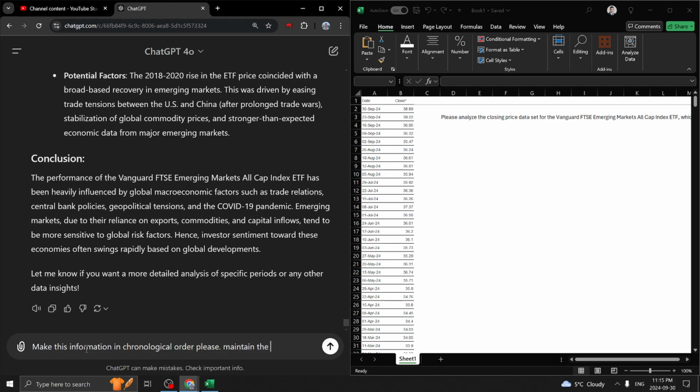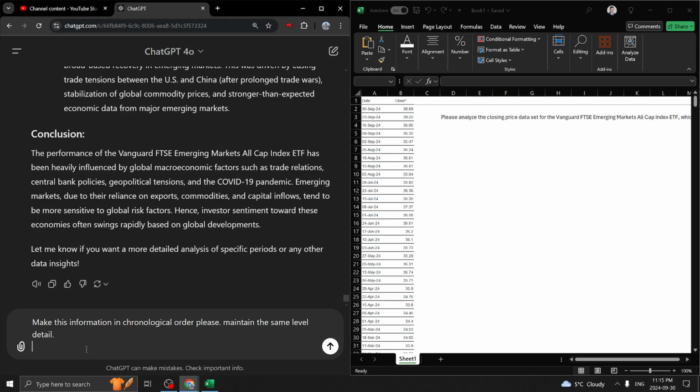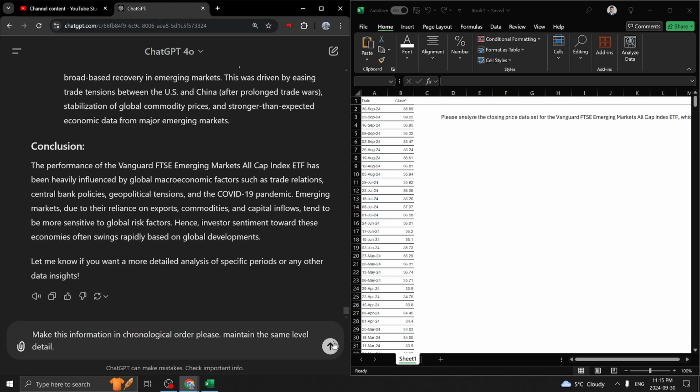Maintain the same level of detail. Because sometimes when you ask ChatGPT to rearrange stuff for you, it reduces the level of detail. It's kind of annoying.